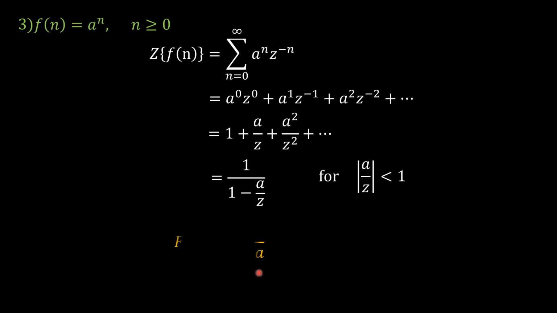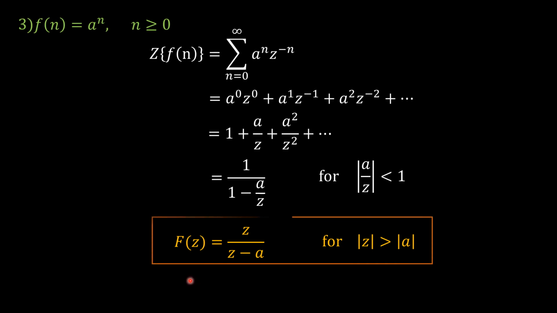Simplifying this expression, we get f of z equal to z upon z minus a for mod z greater than mod a, which is the required Z transform for the sequence f of n whose general term is f of n equal to a raised to n.